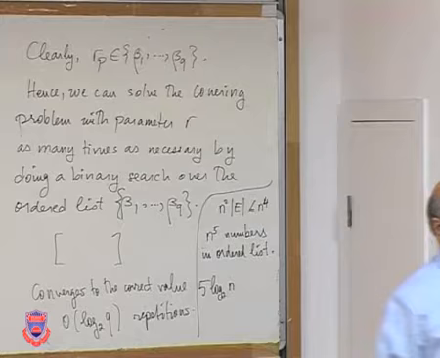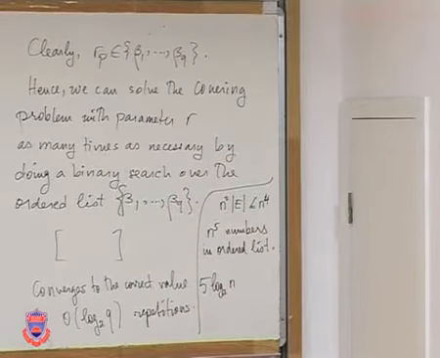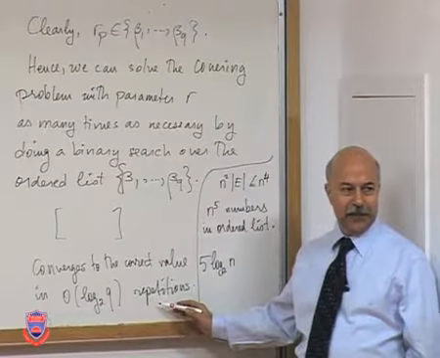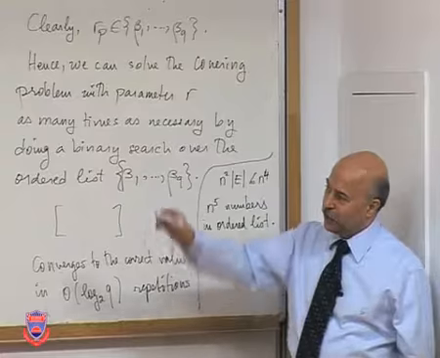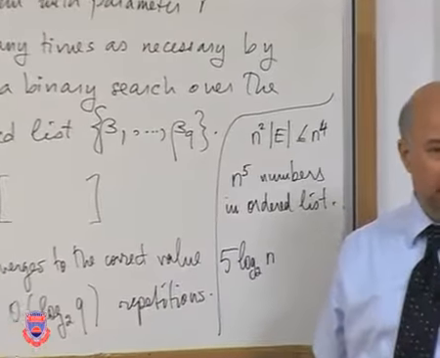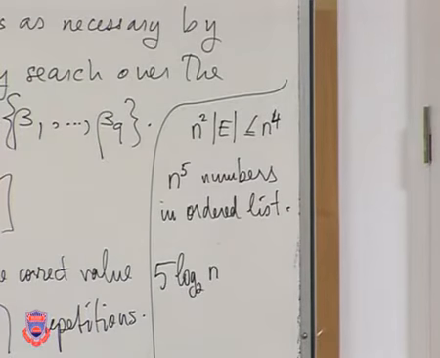Which is a low order polynomial number of repetitions, but each repetition will ask you to solve a covering problem, which we haven't talked about yet. So it depends on the complexity of how to deal with the covering problem.